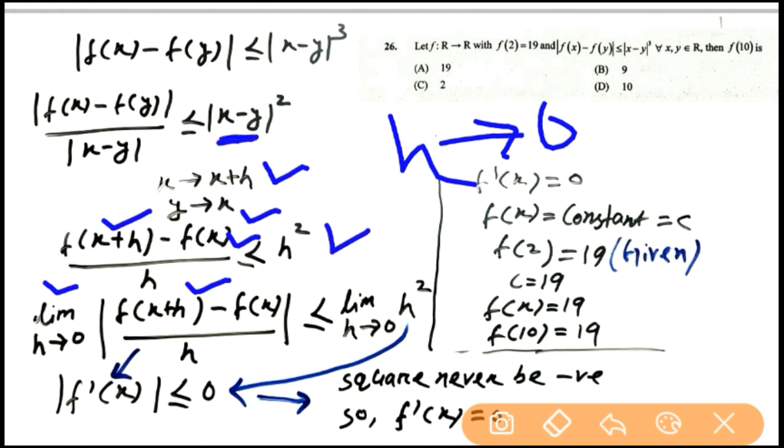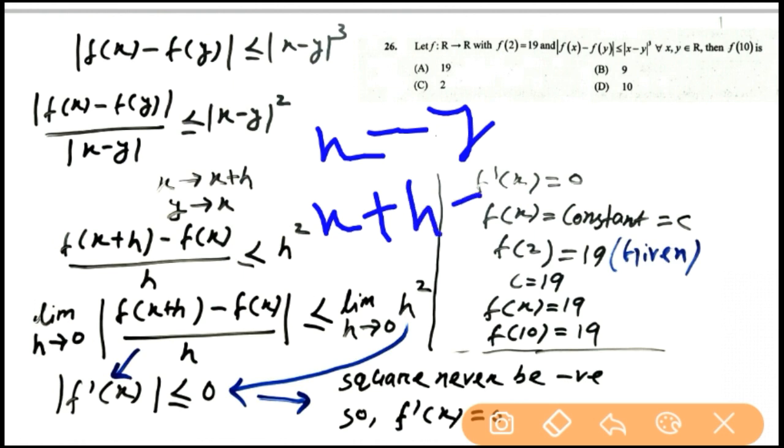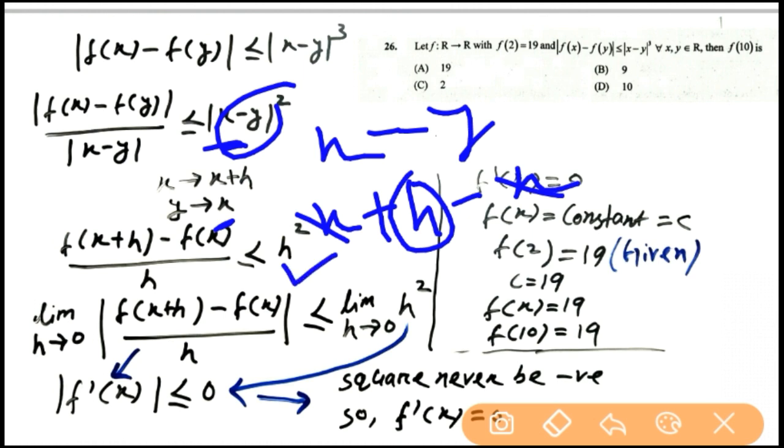Here in place of x we put x plus h and in place of y we put x. So in place of x minus y, I will put x plus h minus x. So x is cancelled, only h is remaining. So it is h square.